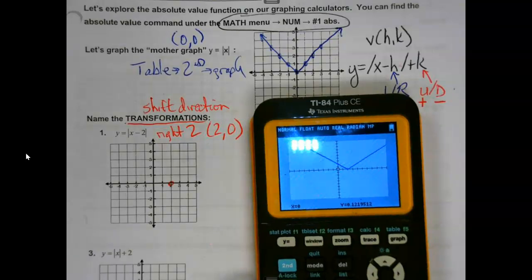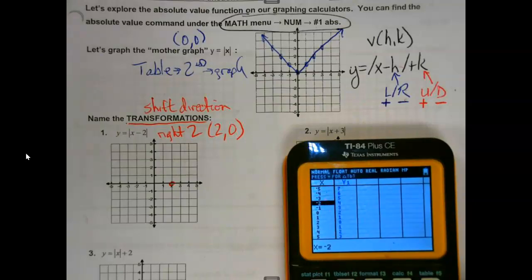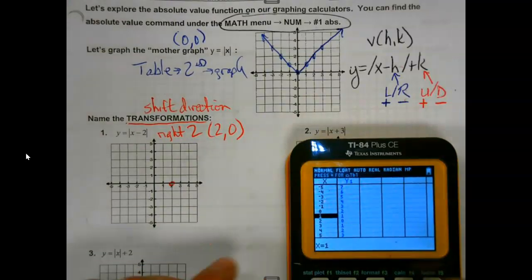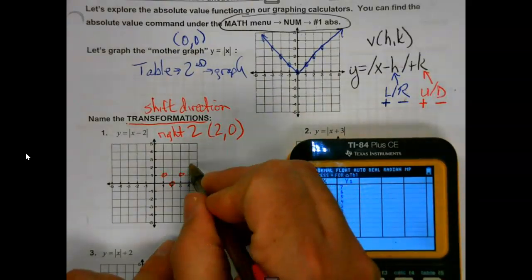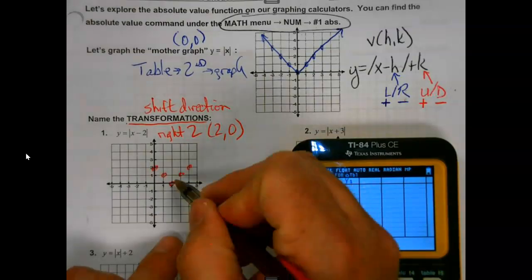And I'll show you the other part of it here. There we go. If I bring my chart up, there's 2, 0. If I start using some of the points around it, like 1, 1, 3, 1, 4, 2, I start to notice something.